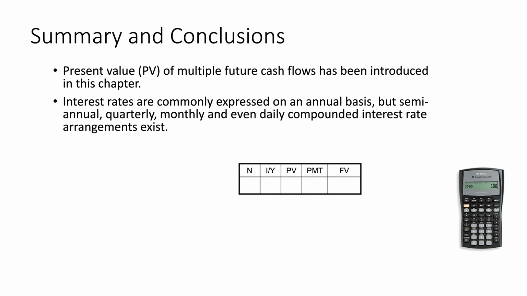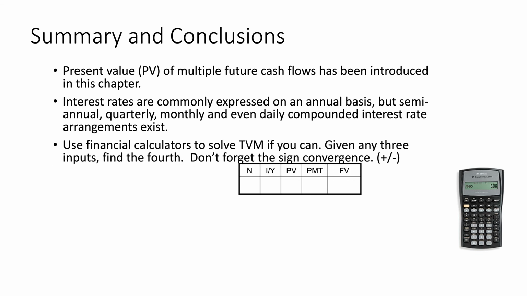Using a financial calculator to solve time value of money is more reliable, particularly when you do consumer amortization loans. Just remember, given any three inputs, the financial calculator will find the fourth for you. But don't forget, the signs of PV, present value, and payment are always opposite.